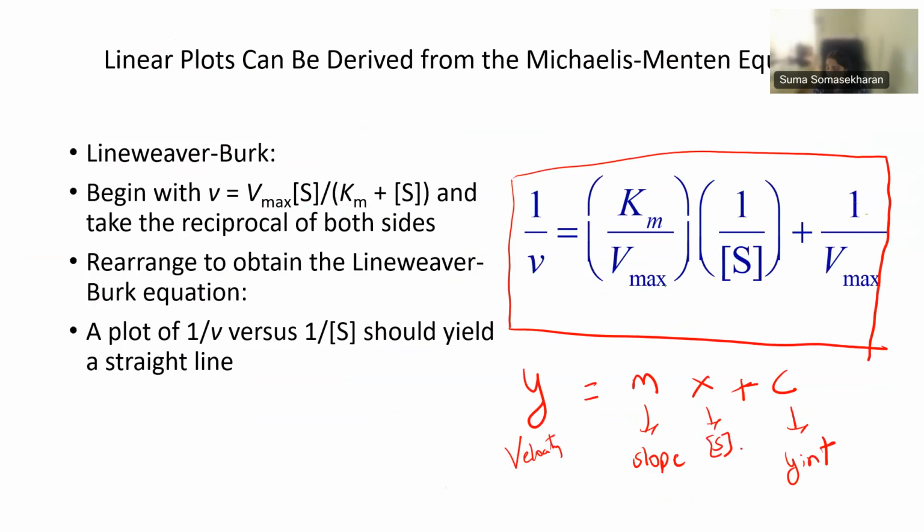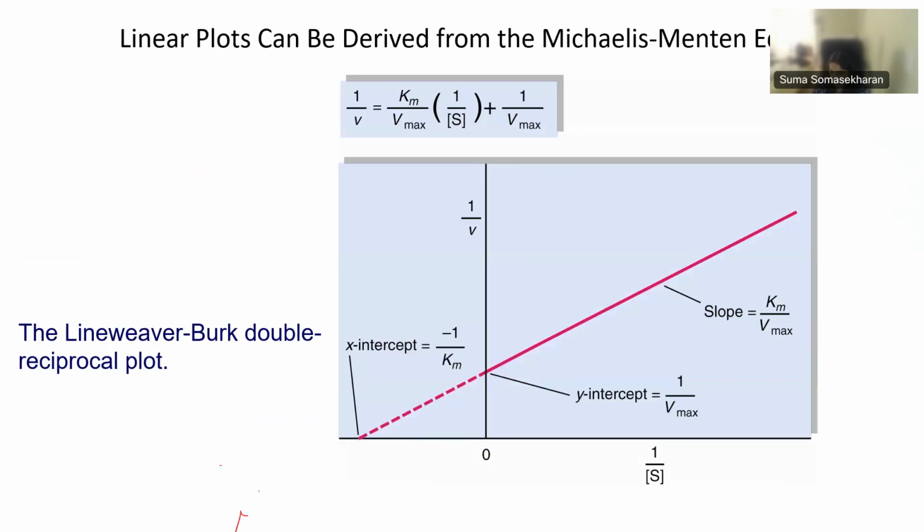In a typical Lineweaver fit, the slope is equal to Km over Vmax, and the y-intercept is 1 over Vmax. So we are plotting 1 over V versus 1 over substrate concentration, and we get a straight line fit where the slope is Km over Vmax and the y-intercept is 1 over Vmax.